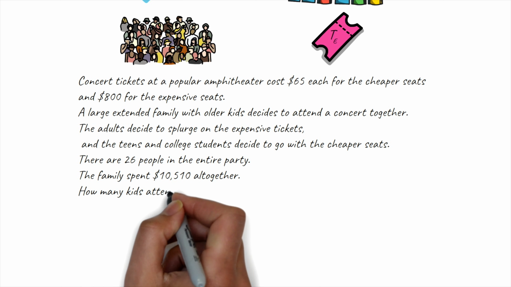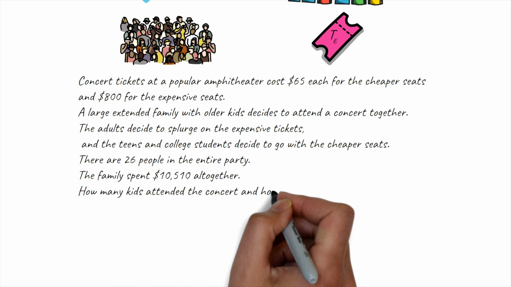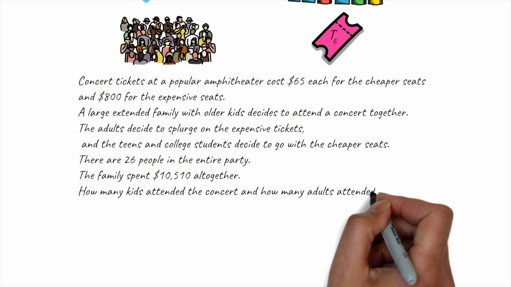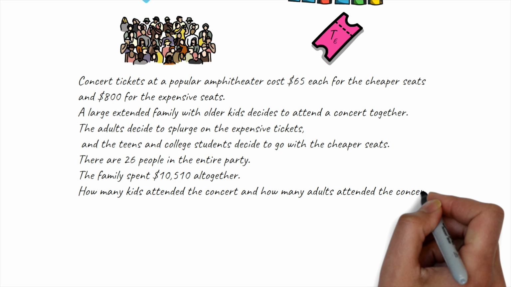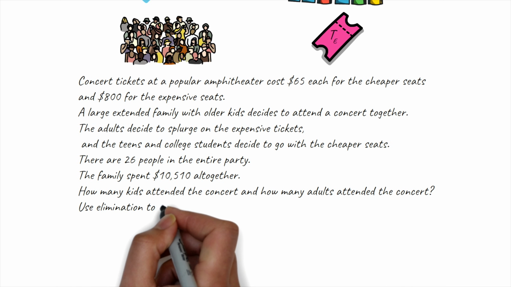So how many kids attended the concert and how many adults? And by kids, I mean teenage, college-age students that bought the cheaper seats specifically. We're going to use elimination to solve this first one.